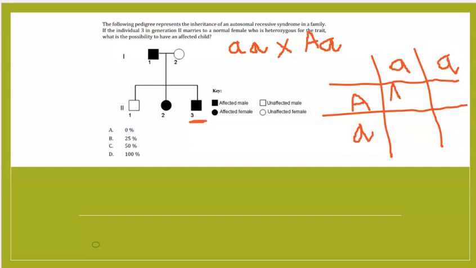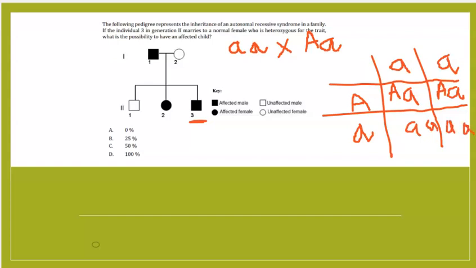So it's capital A, small a, capital A, small a, small a, small a, and small a, small a.